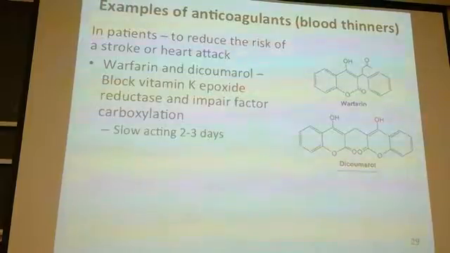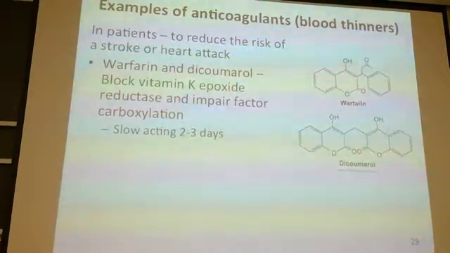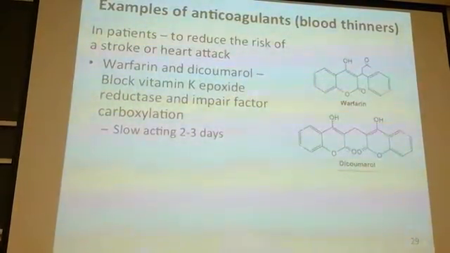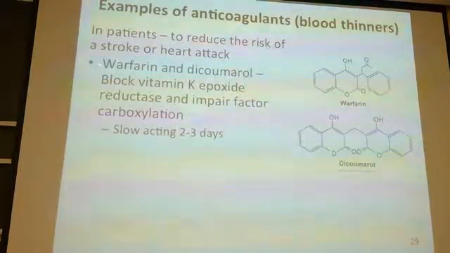The structures are shown here. And these, as I mentioned, block vitamin K epoxide reductase. If you recall from the vitamin K cycle, this reductase is required for vitamin K recycling. So if you don't have vitamin K recycling, you're not going to get carboxylation of those four coagulation factors. And so this is commonly given to block that.